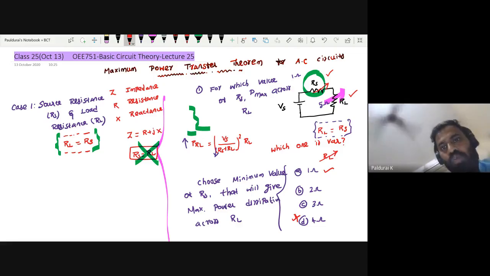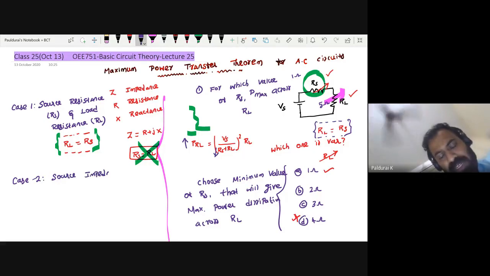Case 2. Now coming to this unit 3, maximum power transfer theorem for AC circuit. For AC, you want to play with impedance. So now case 2. What is the case 2? Any guess? Both may be impedance, right? Source impedance and load impedance.